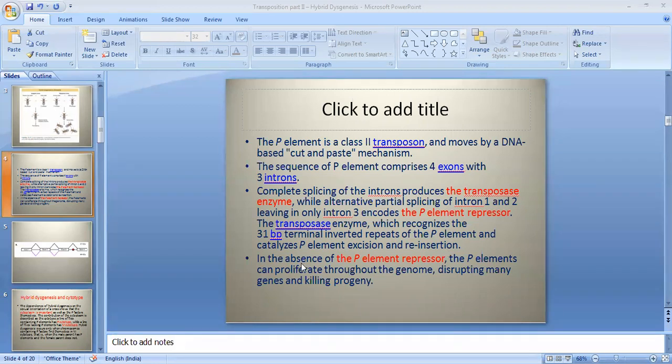So in the absence of the repressor, the P elements can proliferate throughout the genome. They can be inserted throughout the genome.